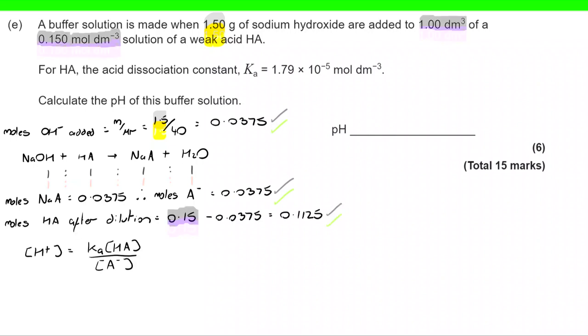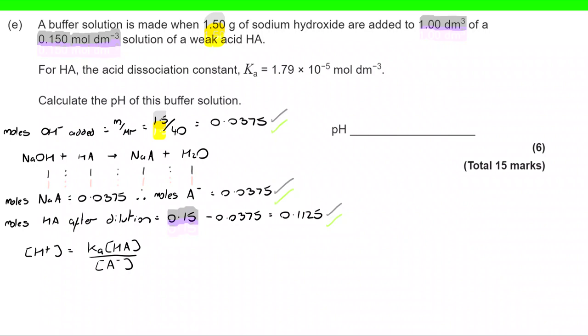Now from there, I can also work out my moles of HA after dilution. I've got 0.15 moles. I know that because it's 1 decimeter cubed of 0.15 mol dm to the minus 3. Now that's been reduced by the 0.0375 moles of sodium hydroxide I've added, leaving me with 0.1125.